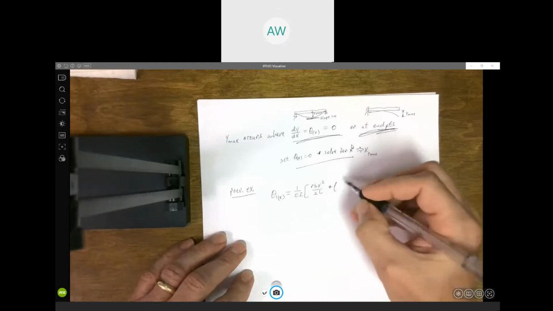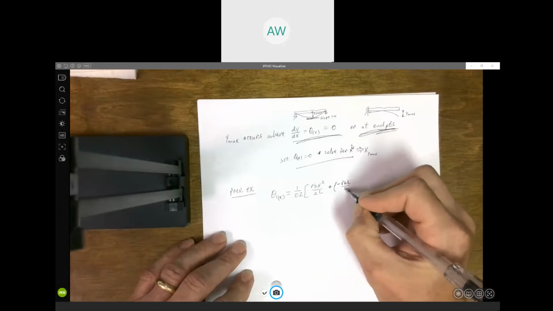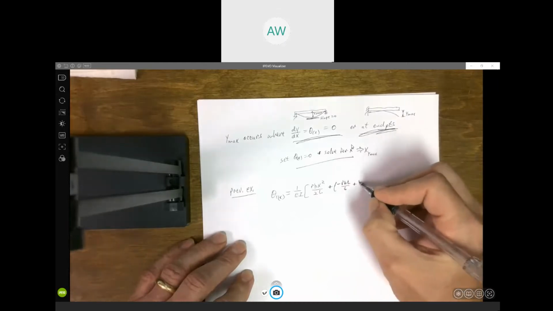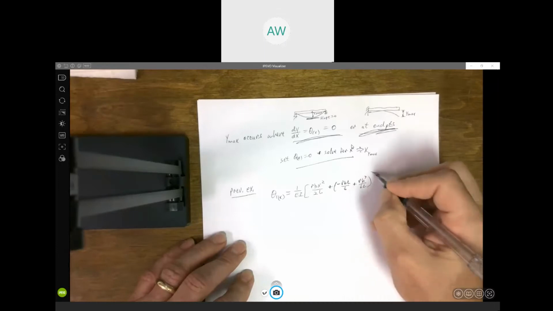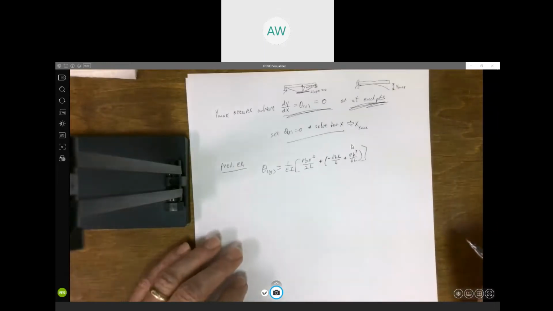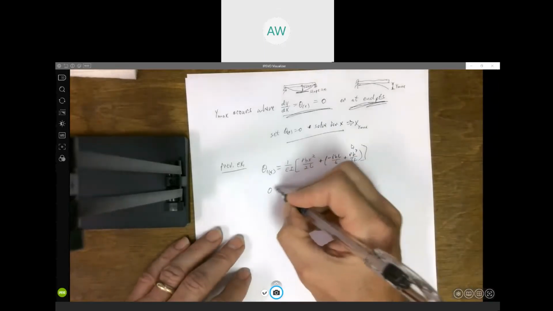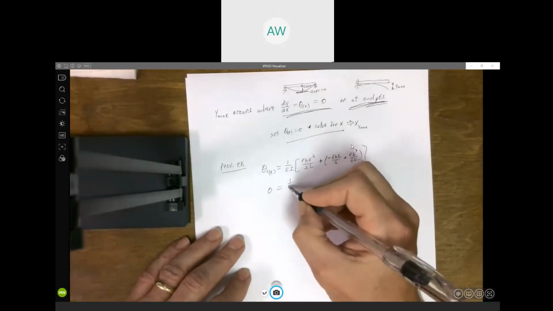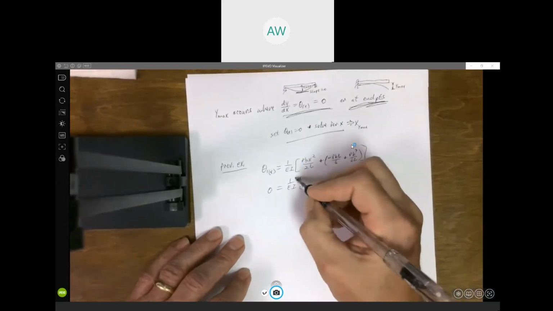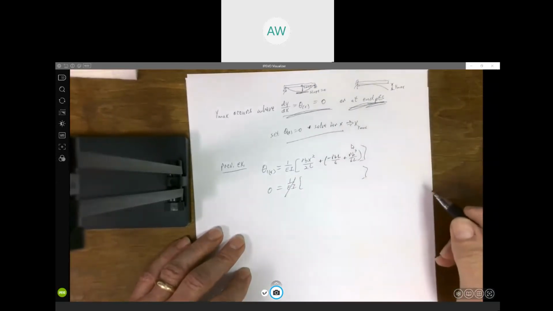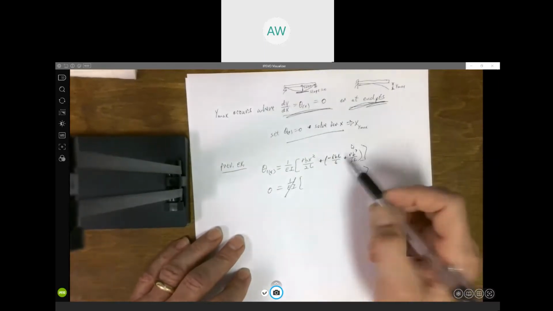So C1 was minus PBL over 6 plus PB cubed over 6L. I think I'm looking at the right thing. So if we set that equal to 0, so we have 0 equals 1 over EI times this stuff, the 1 over EI cancels. And so we have this equal to 0.